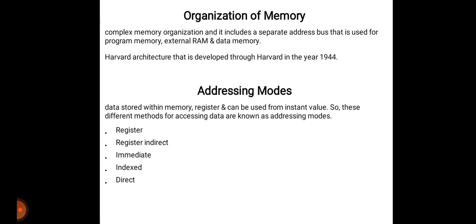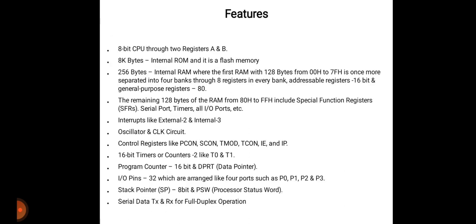Then next one is the features of the 8051 microcontroller. First one is 8-bit: it has an 8-bit CPU with 2 registers, register A and register B. The next feature is 8K bytes of internal ROM, that is read only memory, and it is a flash memory that supports programming the system.